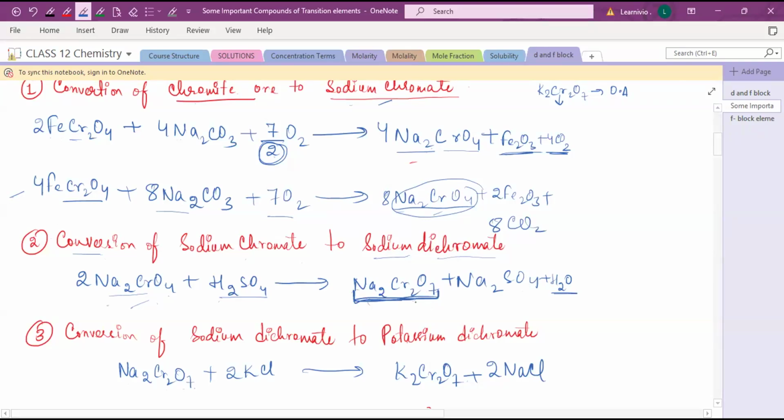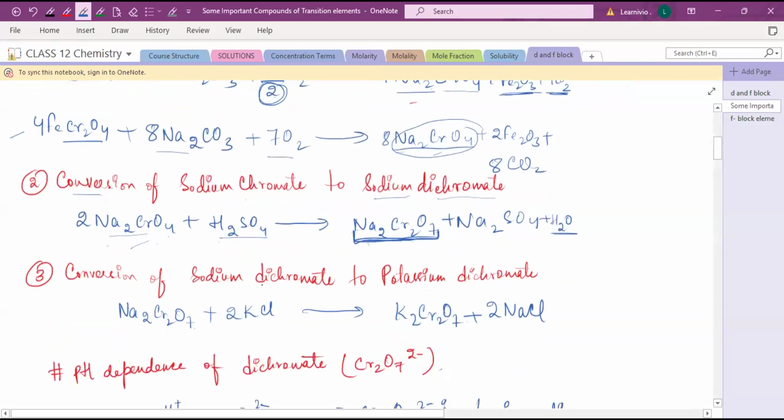Yes, ma'am. See the last step, the conversion of sodium dichromate to potassium dichromate. Once you get sodium dichromate, Na2Cr2O7, you just add KCl. Now tell me which type of reaction it is: Na2Cr2O7 plus KCl gives potassium dichromate.